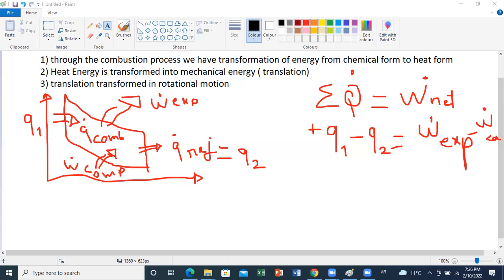Okay. Now, if I ask you, what is the efficiency of this system? In general, when we talk about efficiency, efficiency is defined by what? It's how much energy it's producing over the energy you're giving it. Very good. It's how much energy you are producing over the energy you are putting on your system.